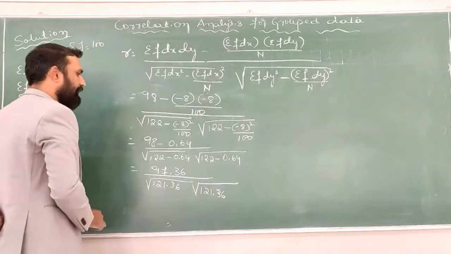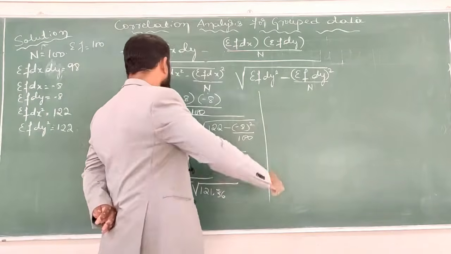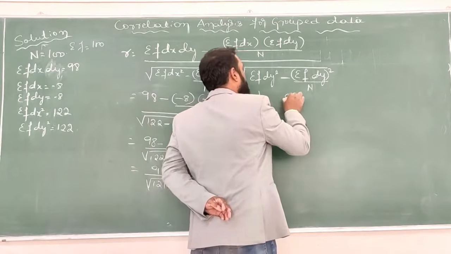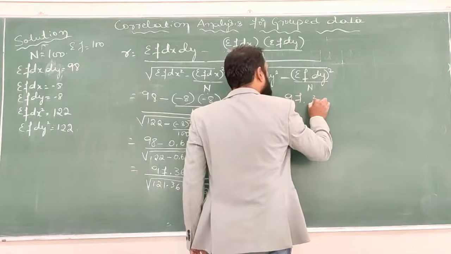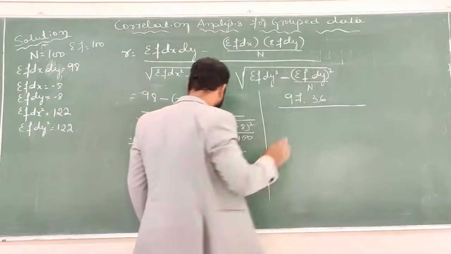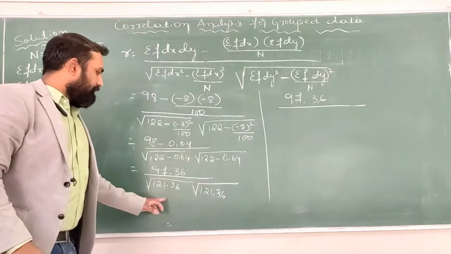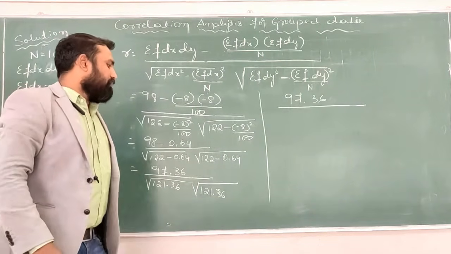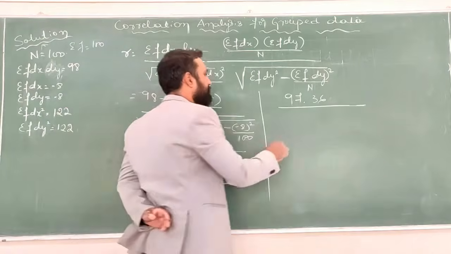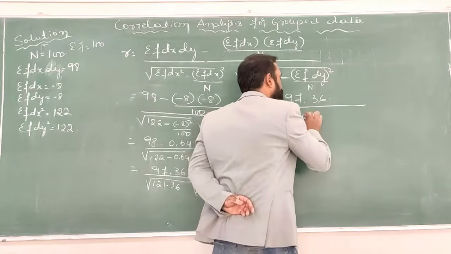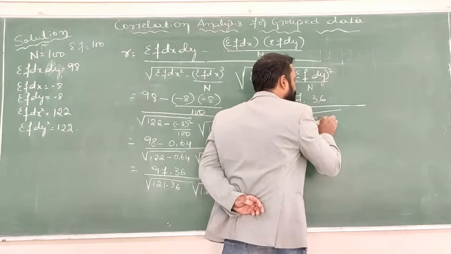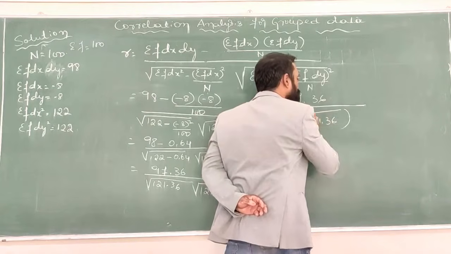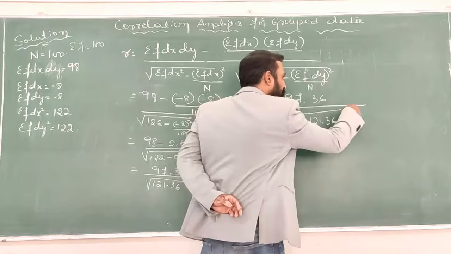The next, 97.36 divided by, to multiply this, square root of 121.36 into square root of 121.36 is square root of 121.36 whole square. The square and root get cancelled.